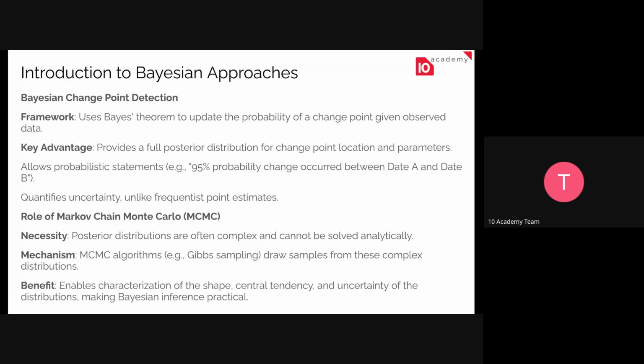This algorithm draws samples from this complex distribution and enables the characterization of its shape, central tendency, and asymmetry, and helps make the Bayesian inference practical.